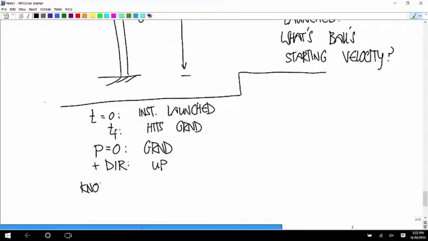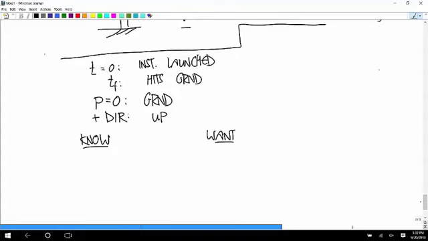And now what we know and what we want. Time final in this one is given. It's equal to 0.7. Acceleration we know is negative 9.81.